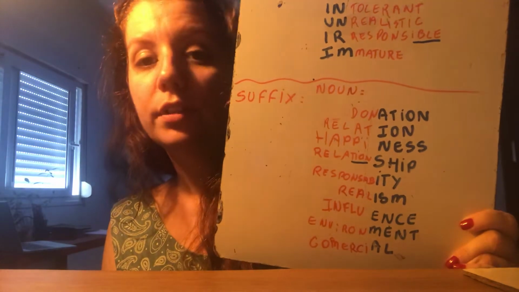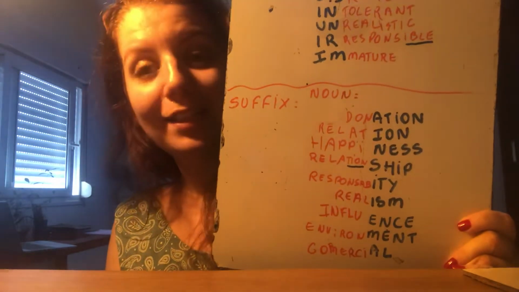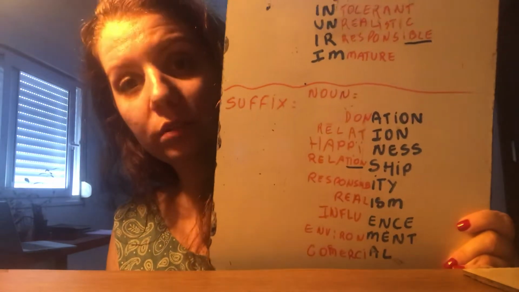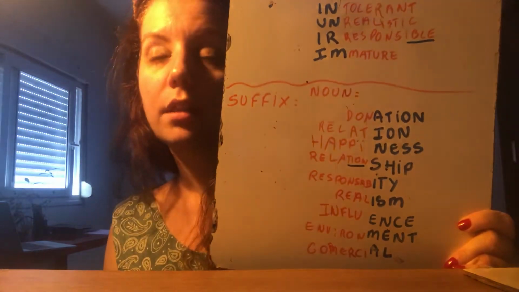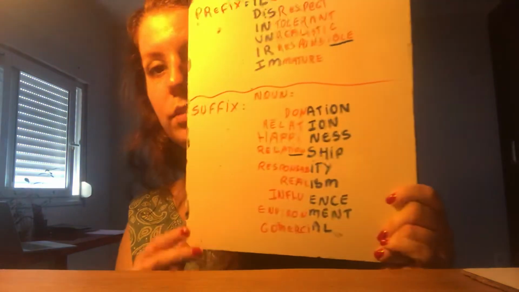Relation, the word is relate, and then you put relation. Happy, the word is happy, then you put happiness. You transform the word into a noun. There is loneliness, sadness, usually feelings. Usually for feelings we use this ness.